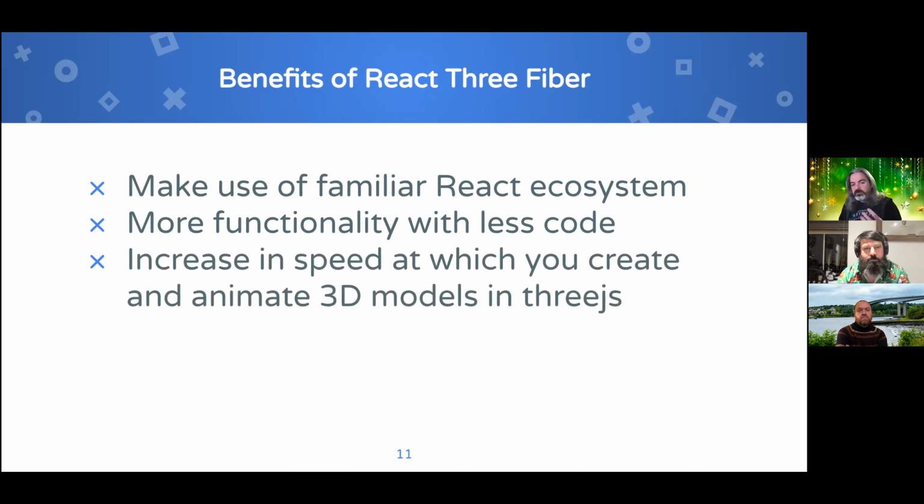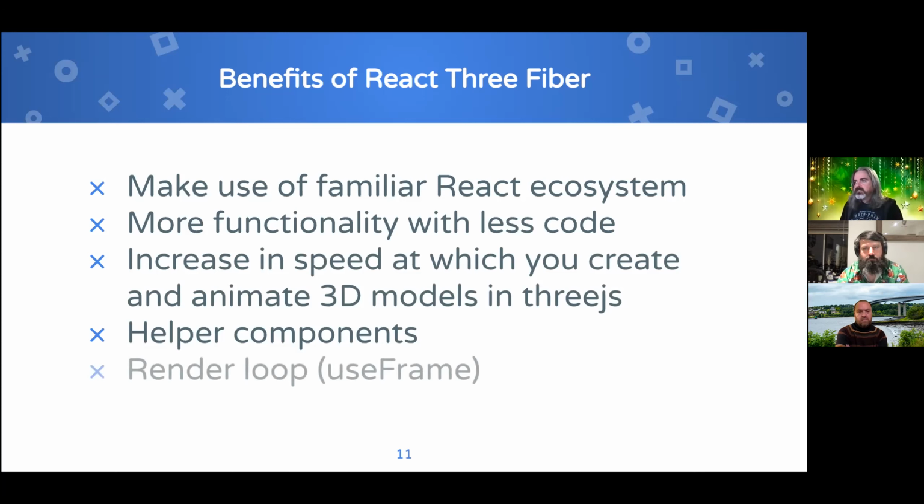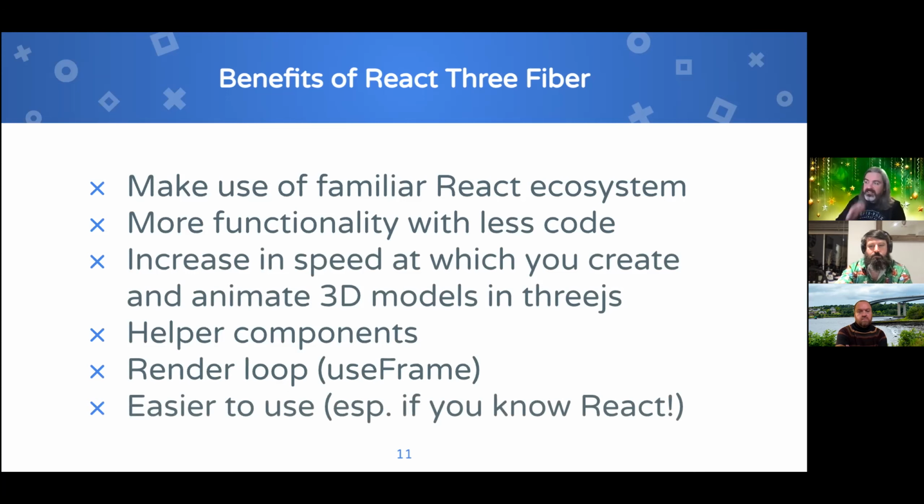Given those benefits, it's quicker to turn around a 3D scene as a website. You get all these helper components. If you look at that drei Git repository, it's full of them. There are about 50 or something in there, if not more. And you get this nice render loop hook, the useFrame one, which is quite nice to use. And I believe it's easier to code with, especially if you know React.